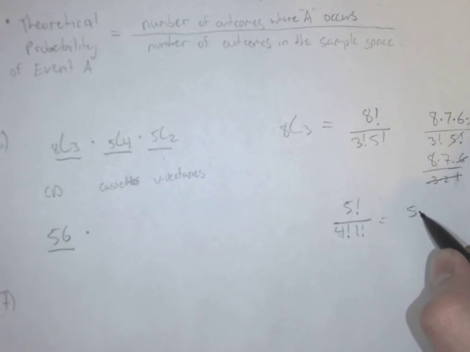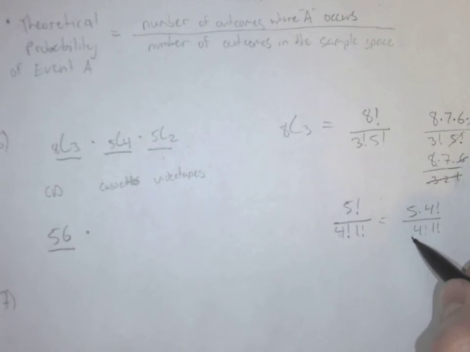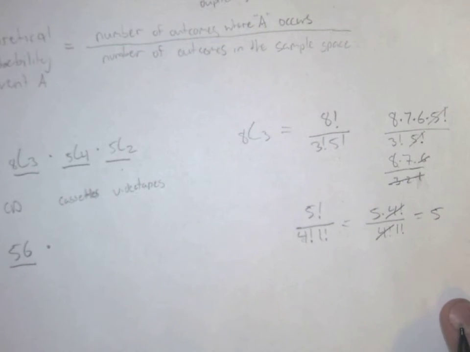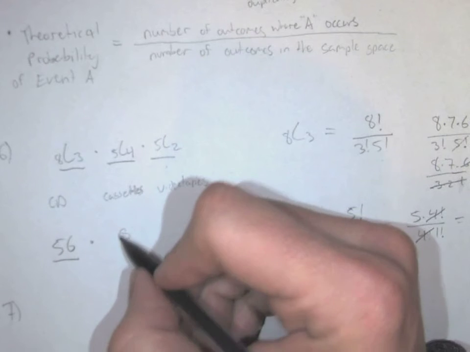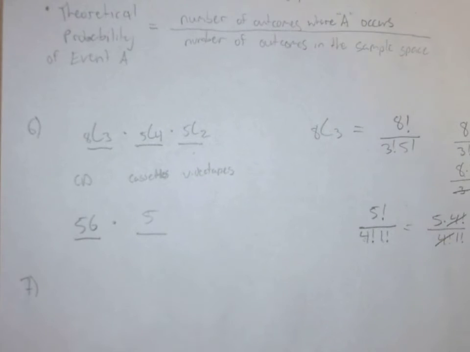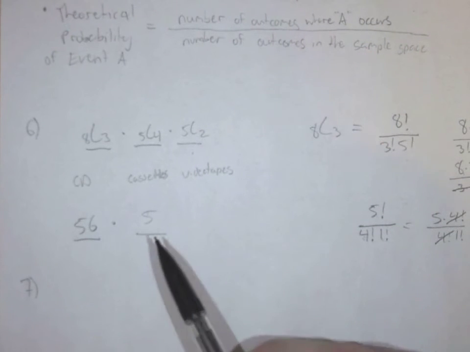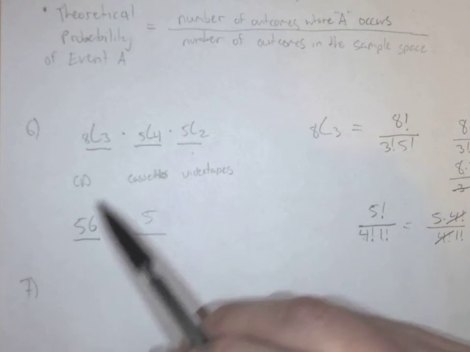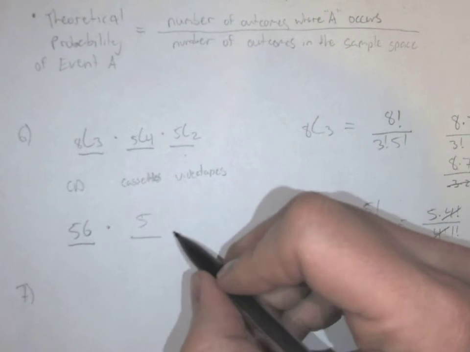So 5 times 4 factorial over 4 factorial times 1 factorial. The 4 factorial, 4 times 3 times 2 times 1, cancels, and 1 factorial is just 1, so this is just 5. So the number of ways I can choose 4 cassettes is 5, and the number of ways I can choose 3 CDs is 56.